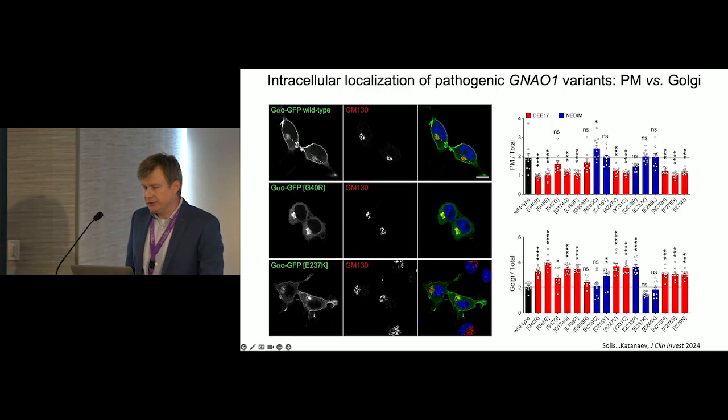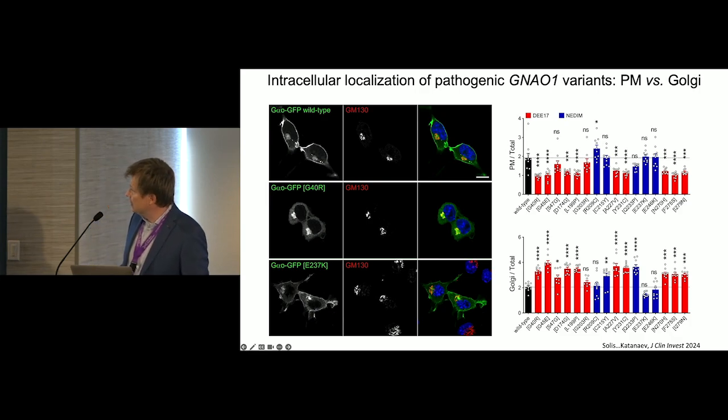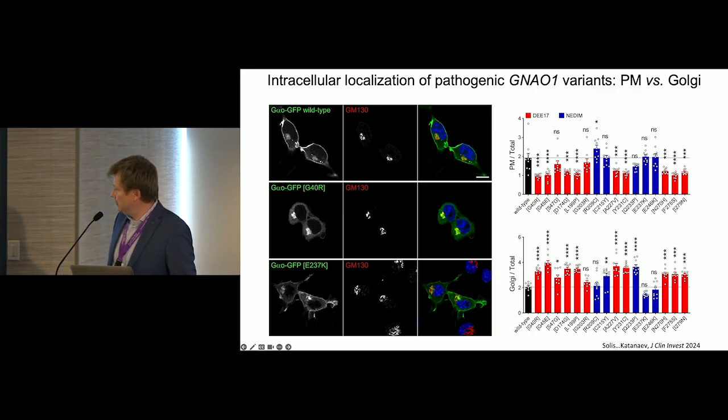The next thing we wanted to see, again systematically, is how the mutants localize in the cells. G-alpha localizes to 2 spots in different cell types, including neurons: the plasma membrane and the Golgi. What we find is that several mutants lose the plasma membrane localization or decrease it to a strong level, but many others retain both plasma membrane and Golgi localization.